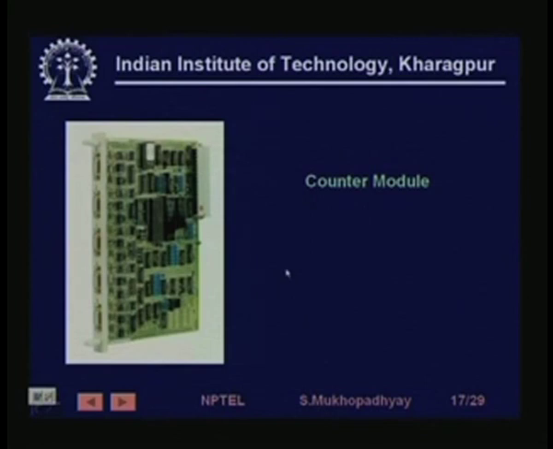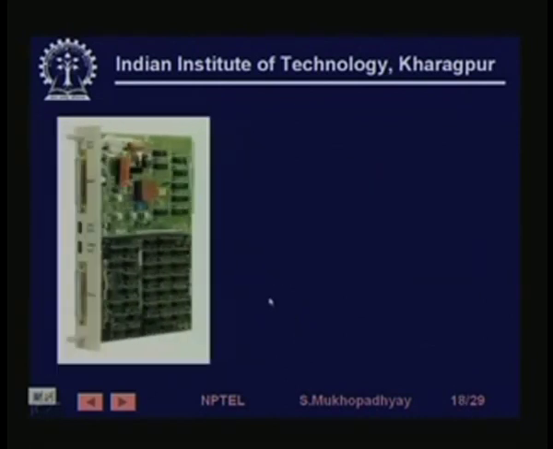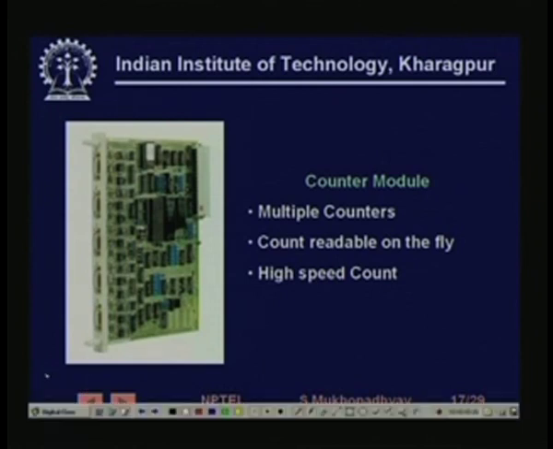This is another picture, a counter module. You can't make out much from the picture, but you can see, for example, that this module contains I think 5 counters. The count values have to be read on the bus, and event signals also.